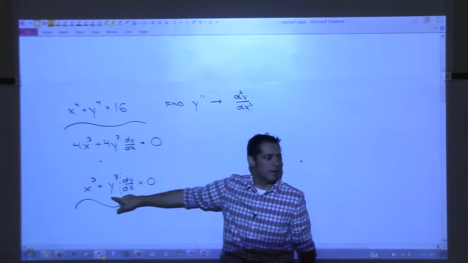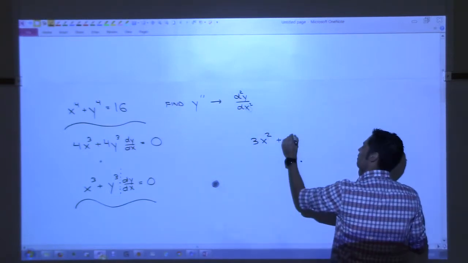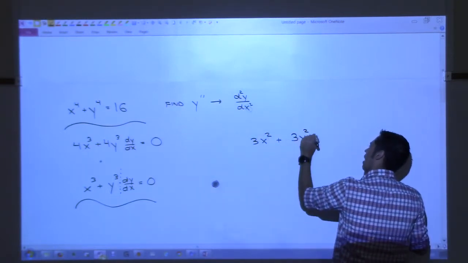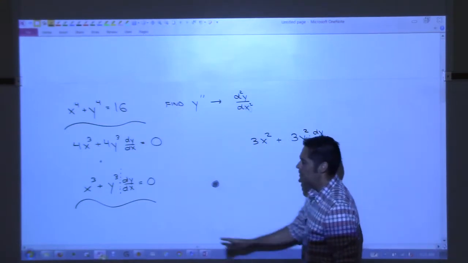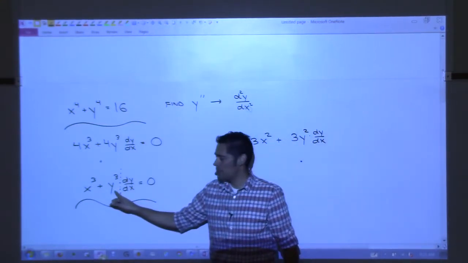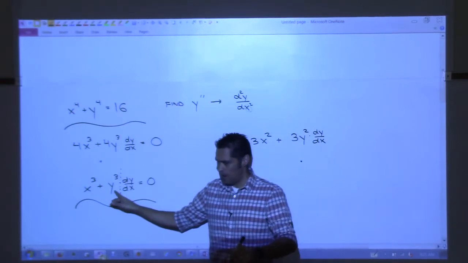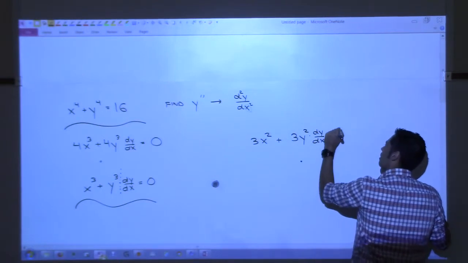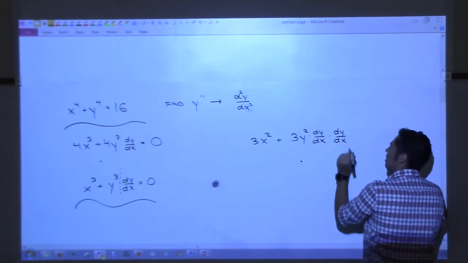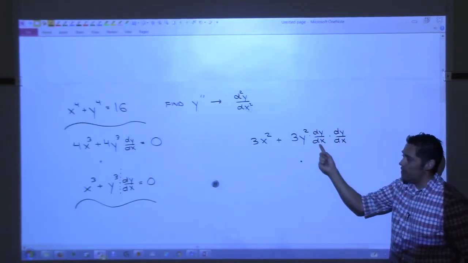What is the derivative of y cubed? 3y squared times dy/dx. That is the derivative of y cubed, isn't it? Times this one, which is just dy/dx again. See, this is the first derivative, isn't it?